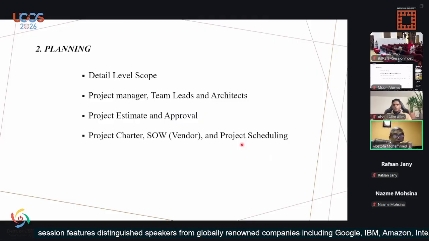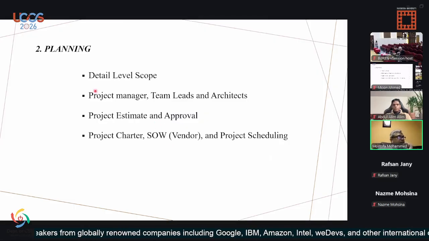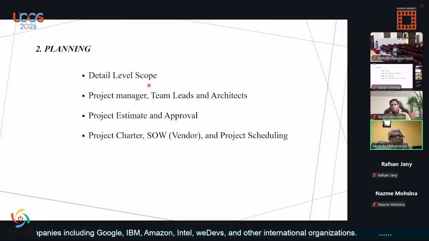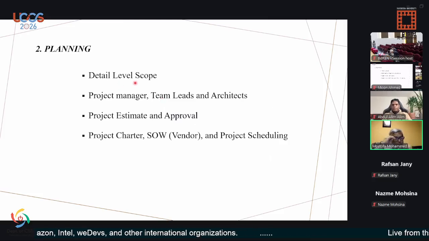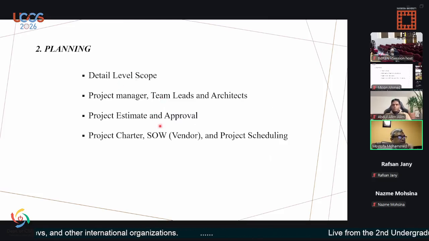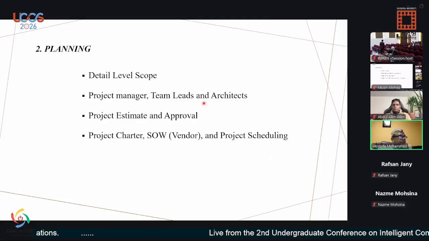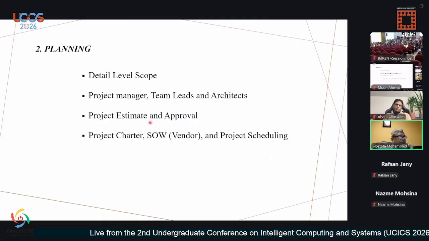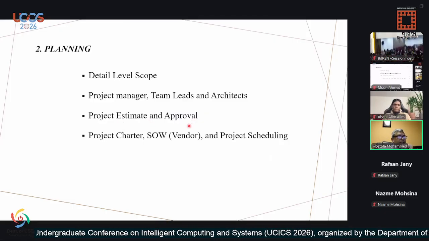In the planning phase, the team goes to the detail-level scope, what exactly we need to deliver. At that time, we also have the high-level roles in the project, such as project manager, team leads, and architects. We also do a more detailed project estimate than the ROM, and we get the approval.